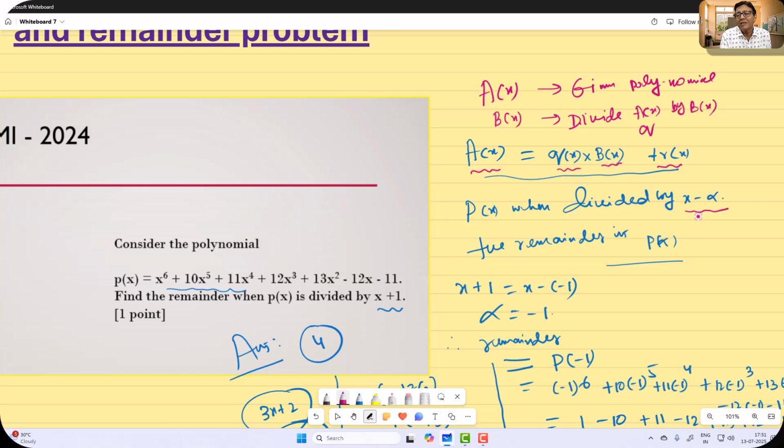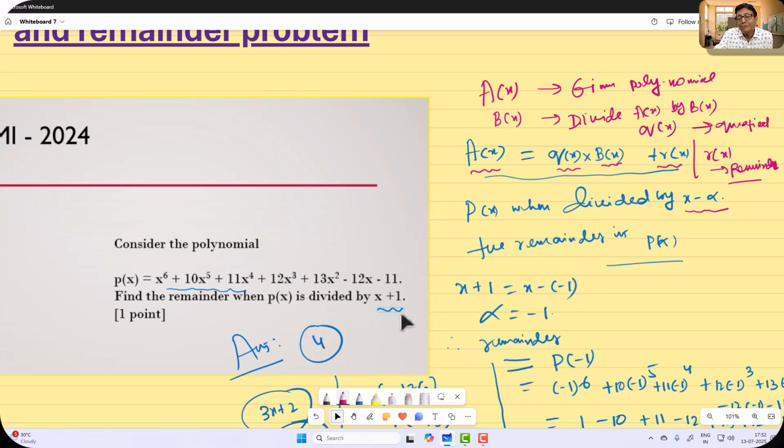Then q(x) stands for the quotient and r(x) is the remainder. Then a(x) equals q(x) into b(x) plus r(x).